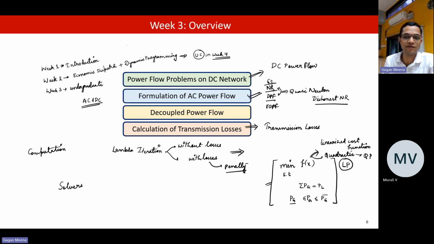If we simply write this as c transpose x, where the cost f(x) with x here is PG, subject to the same constraints, the summation of PG should be equal to PL. This can be written in one line in Python, Julia, or MATLAB.